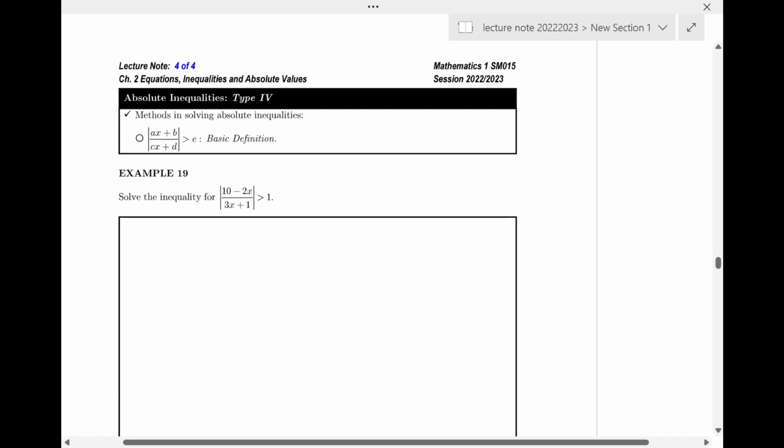So for solving this rational absolute inequality, I first rewrite the inequality again. So (10 minus 2x) over (3x plus 1) greater than 1. So goal: since this is greater than, we are going to use or.